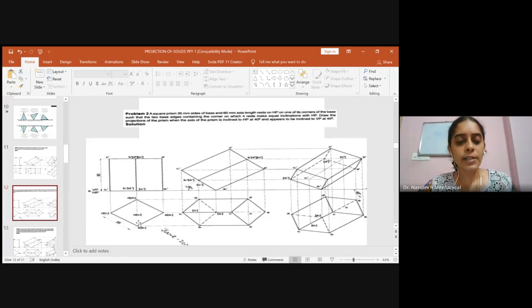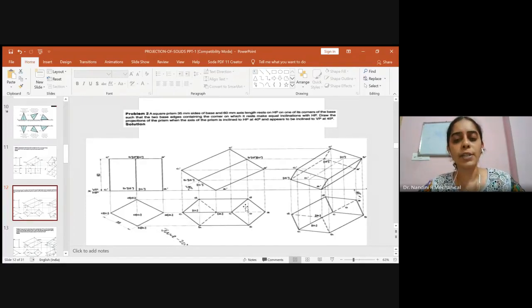And this is the locus of B1, and the locus of B1 dash is meeting at this point, so we name this as B1. And then here A1 is for the bottom surface. The locus of A1 is meeting A1 dash at this point, so this will be our A1. So we got the naming for the bottom square surface A1, B1, C1 and D1, right?